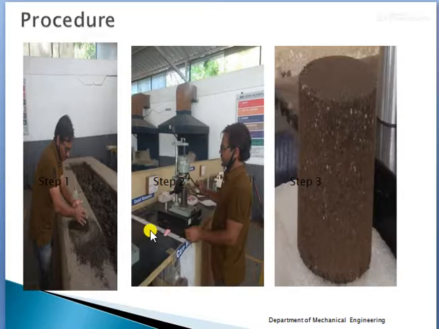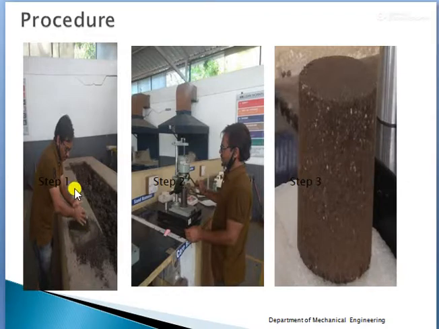Here we have the procedure. First, what we have to do is take sand and mix the required quantity of clay and moisture into the sand using the distilled water.